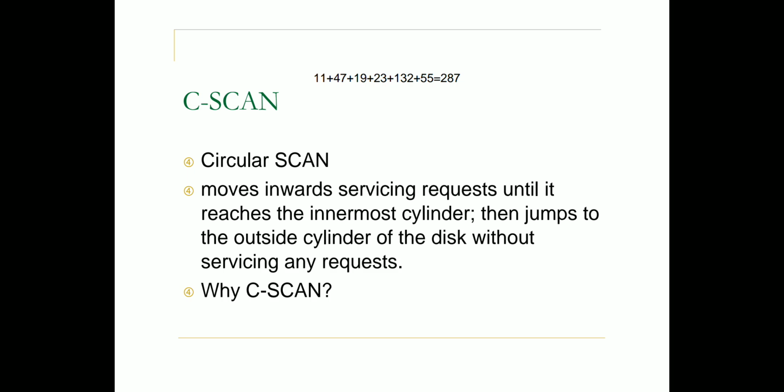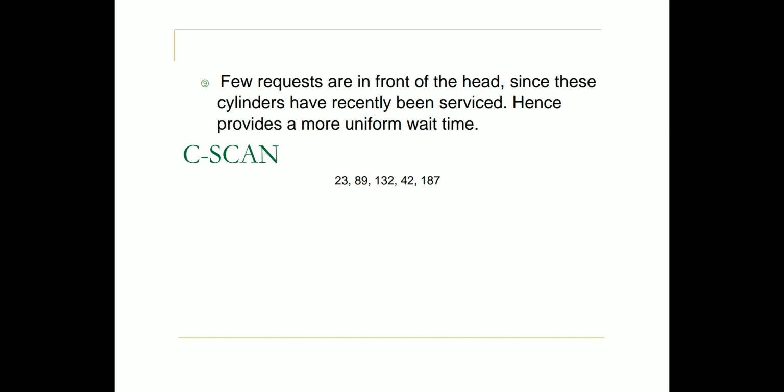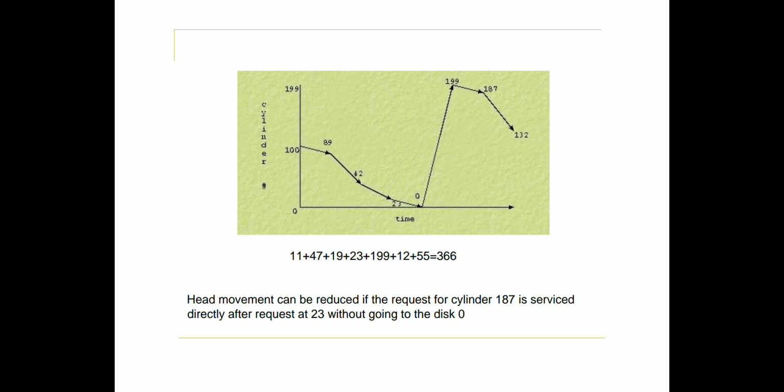Why is C-SCAN required? Few requests are in front of the head, since those cylinders have recently been serviced, hence it provides a more uniform wait time. As you can see, circular scan is provided rather than only moving in just one direction.